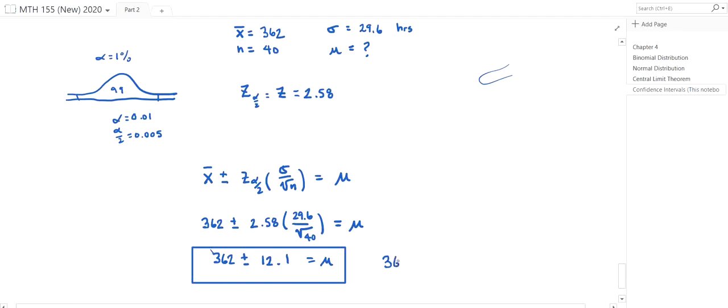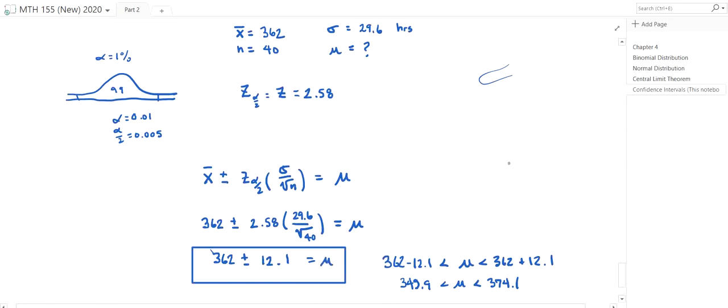So 362 minus 12.1 is less than mu is less than 362 plus 12.1, which is 349.9 is less than mu is less than around 374.1.